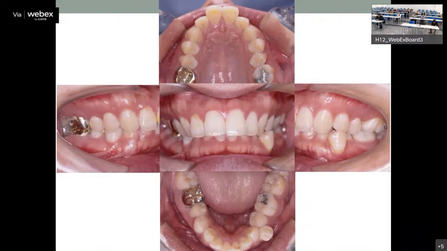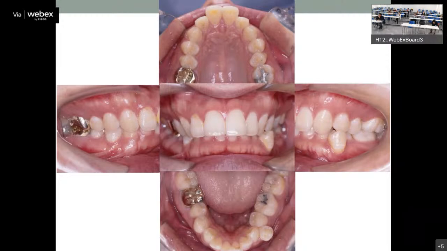What I would like to mention here, if you look here, the decision was to take this lower first premolar and the upper first premolar. Remember, there's no space here to close, but there will be one unit of space here to close. What's the molar relationship? It's class 1. So we can't afford for the upper molar to move forward. We need to keep the class 1 molar relationship.